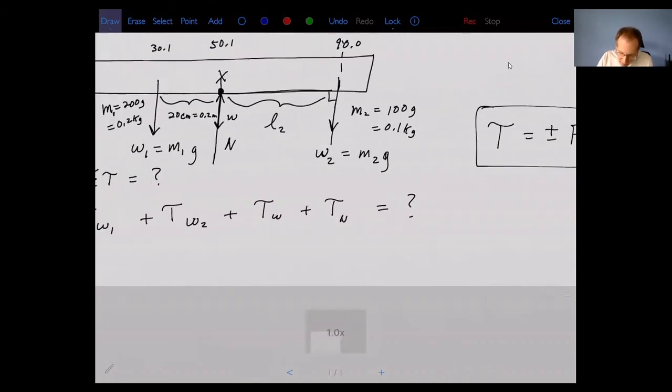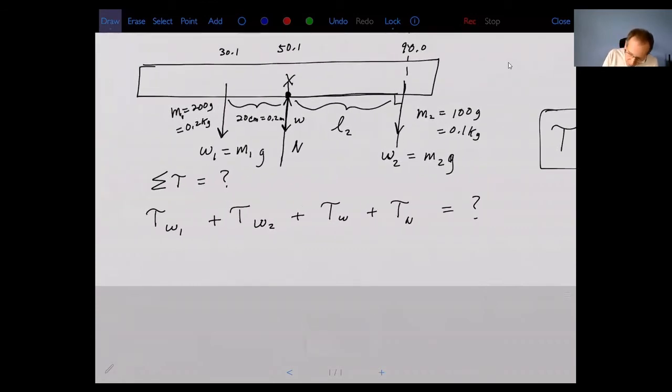Well, if you look at this picture, both the weight of the meter stick and the normal force are passing right through the axis of rotation. So what's the moment arm for both of them? It's 0. Neither of them has a moment arm, so neither is going to contribute a torque about that point of rotation. So these two terms are 0 because their moment arms are 0.